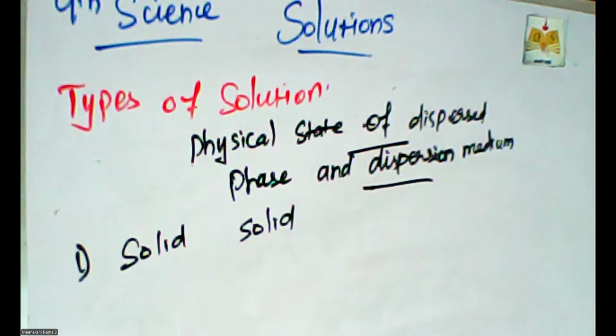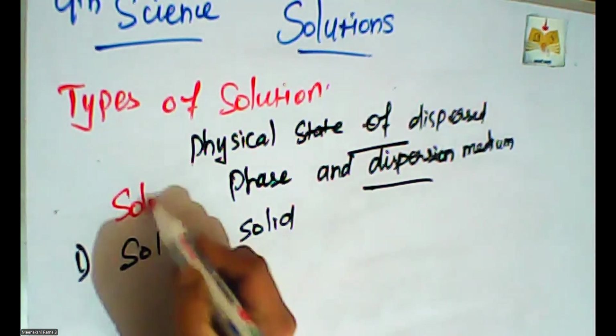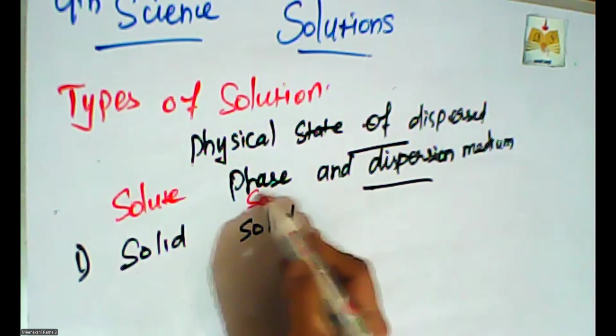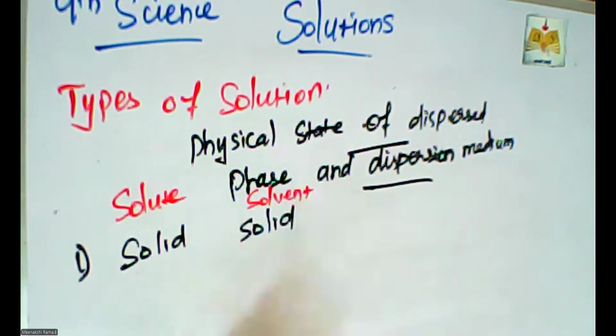First one is the dispersed phase, that is solute. This is solvent. Solute and solvent, these two are mixed to form a solution that is called a solid solution.